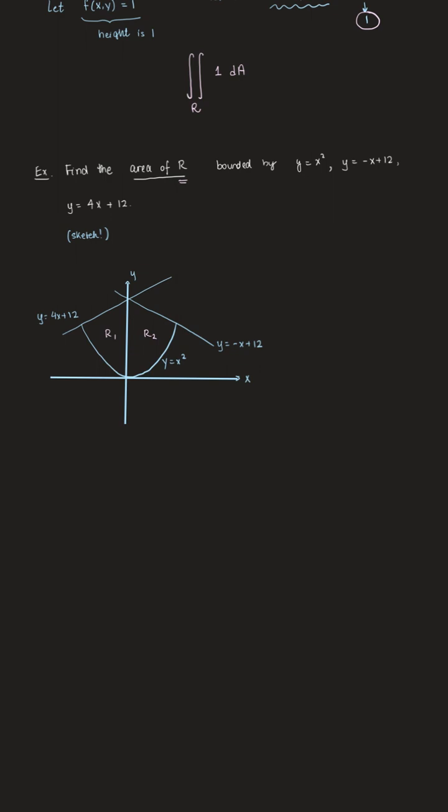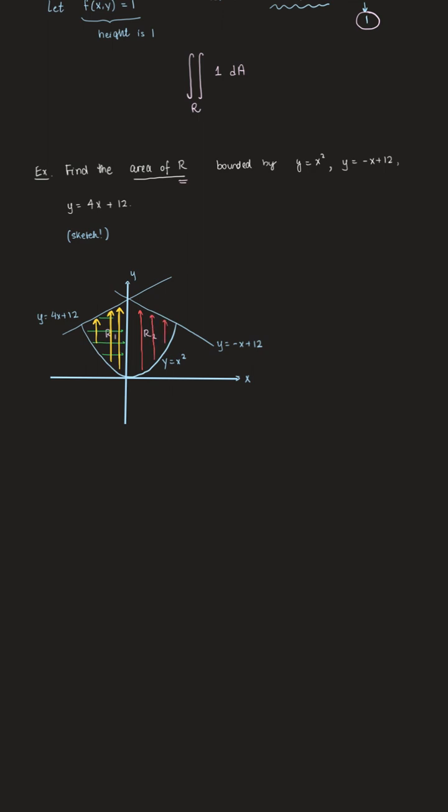So for each region, we will integrate with respect to y first, and then integrate after that with respect to x. This is because if we integrate y simple first, in R1 we're always going to be between the same two curves, and in R2, we're also always going to be between the same two curves.